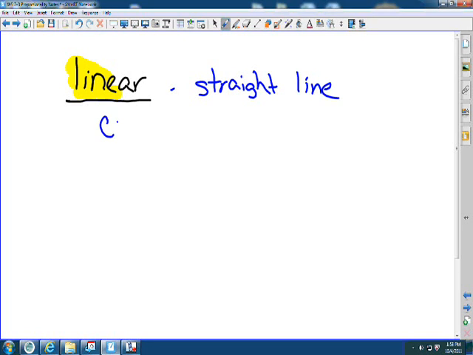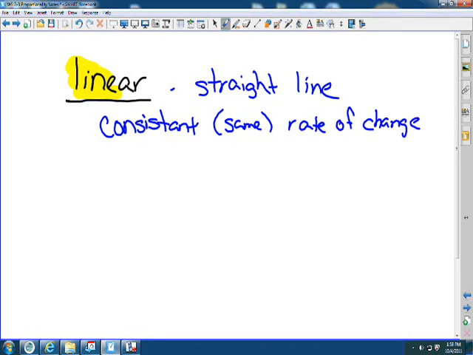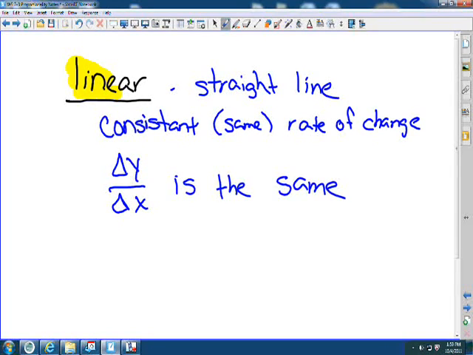That there is a consistent, same rate of change. I'm saying that delta y divided by delta x is the same. That's all that linear means. That's all that being linear means right now.